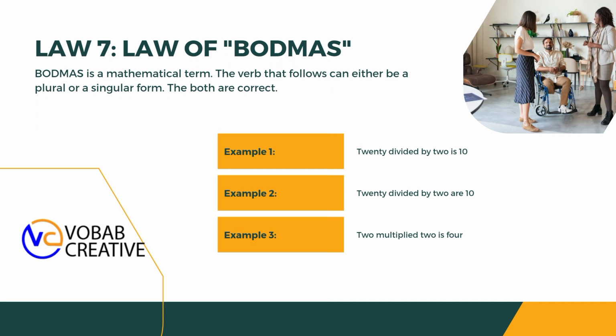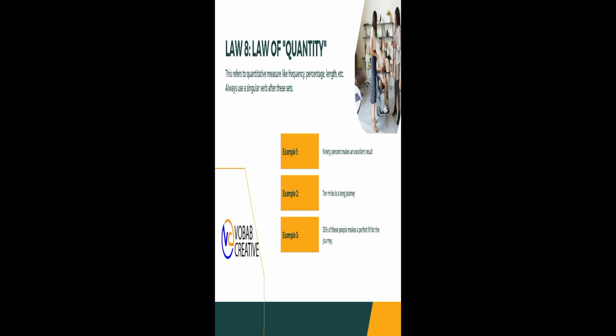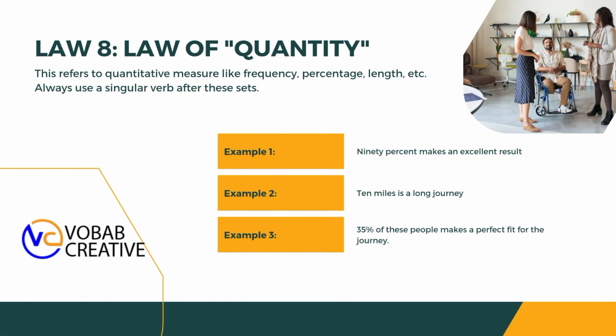Now let's get into Law 8. Law 8 is the law of quantity. This refers to quantitative measures like frequency, percentage, length, etc. Always use a singular verb after this set. Whenever you say a measurement of quantity, what must follow this must be a singular form of verb.